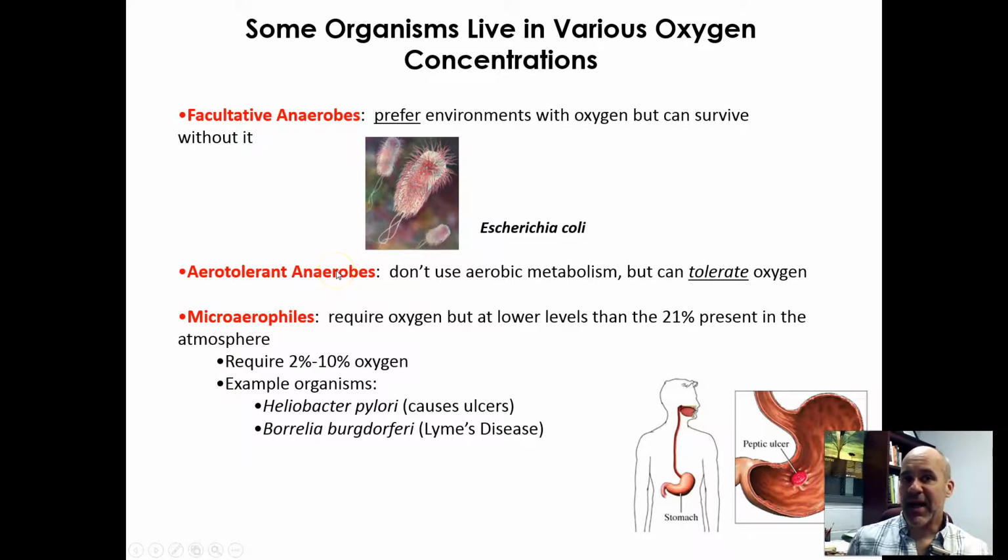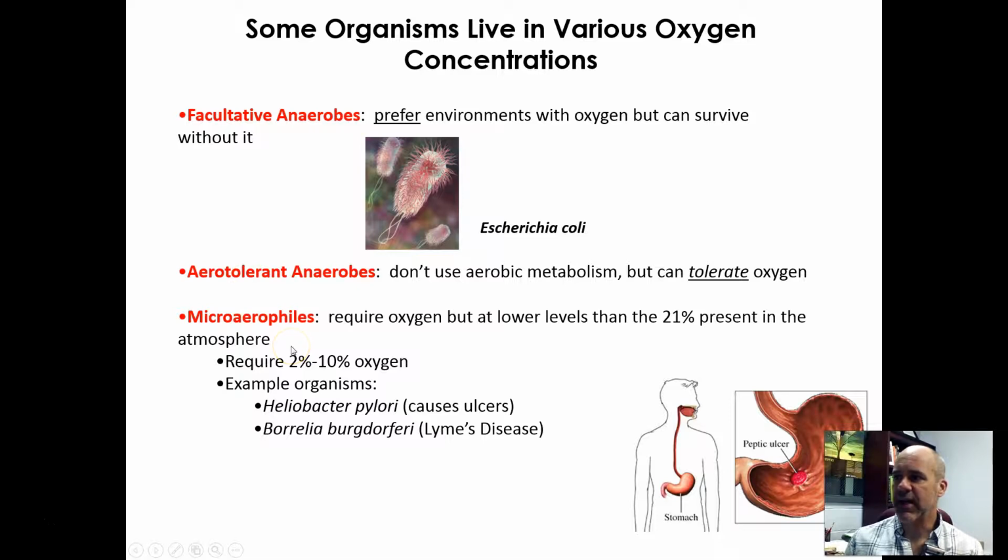If you're an obligate anaerobe, you don't have those mechanisms. That's why you die in the presence of oxygen gas, because all these free radicals and other nasty oxygen-containing compounds build up, and they wind up damaging your DNA and killing you. If you're an aerotolerant anaerobe, you don't need the oxygen gas, but you've still got the mechanisms for inactivating those nasty oxygen-containing compounds.